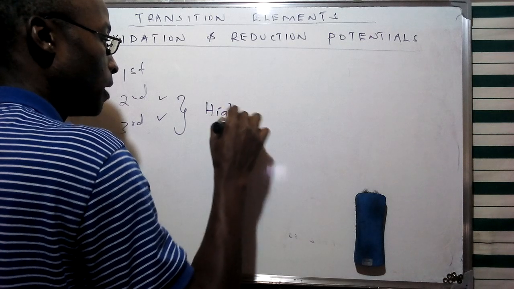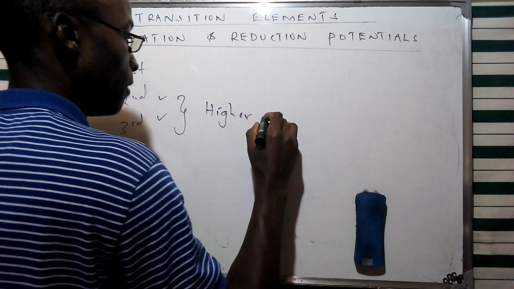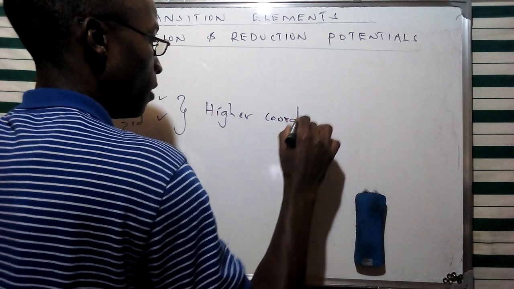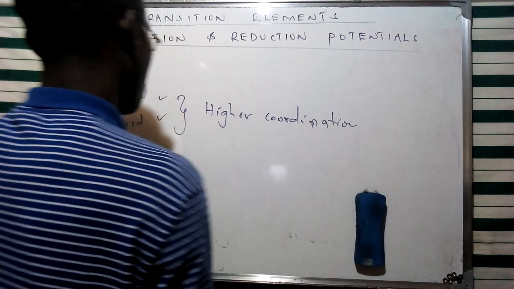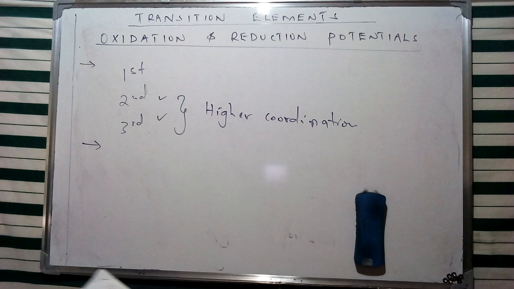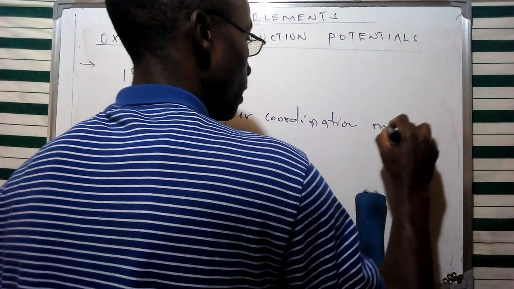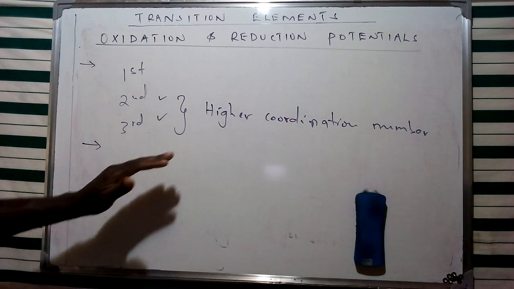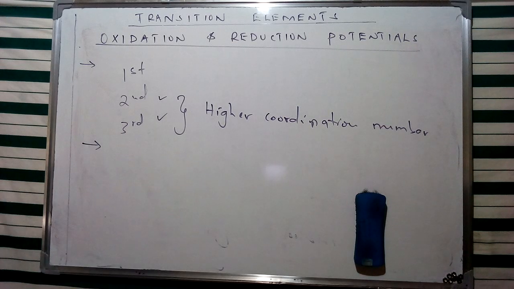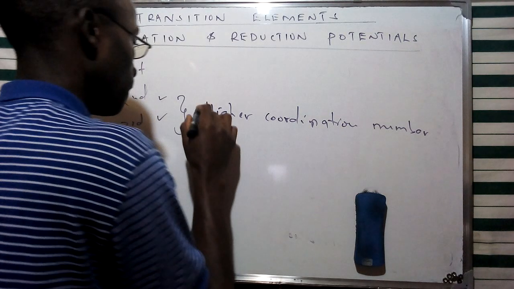In the study of complex compounds, I talked about the concept of a higher coordination number, for the formation of complex compounds. So down the group, they are going to have a higher coordination number. And in addition to that, we are also going to see that they are going to have higher oxidation states.